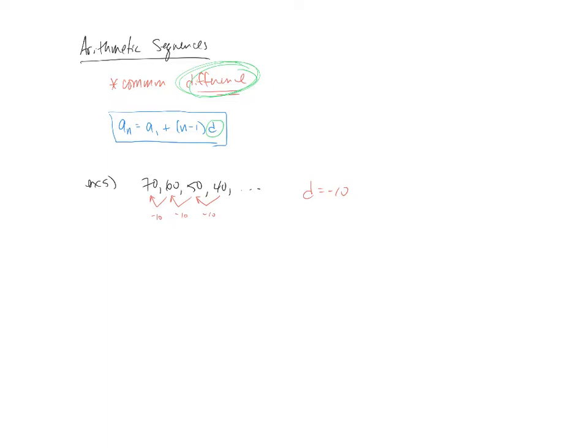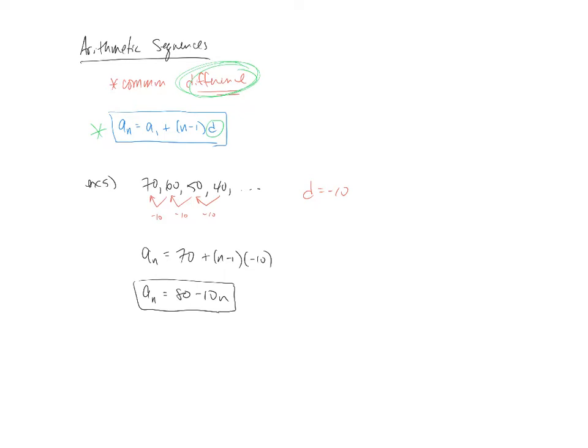Since we've decided it's arithmetic, we can go back up now into the formula and just plug stuff in. Our first term is 70. And our difference we saw was negative 10. Once again, that negative is very important. And then when you clean this up, you'll get an 80 minus 10n.